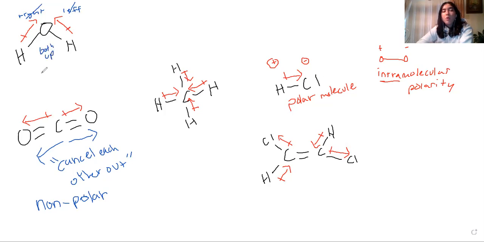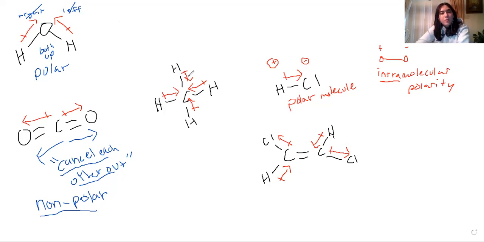So this is going to be polar because not everything cancels out. In order to be nonpolar, you have to have everything cancel each other out. What happens is the left and the right force cancel out, but the upper force doesn't. And this force is coming from the electrons, right? Because electrons have energy. So this is a polar molecule.